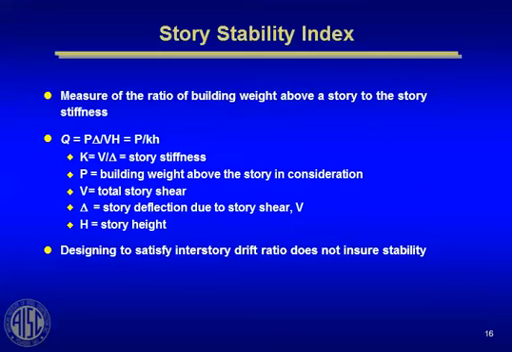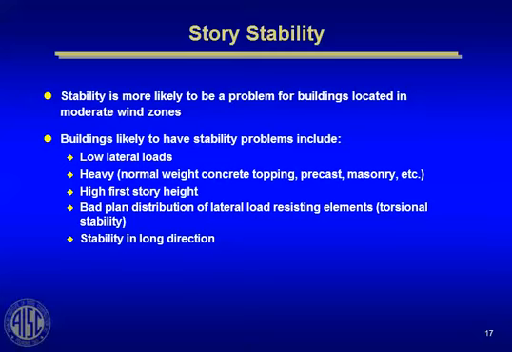Well, buildings that have potential story stability problems include buildings that have very low lateral load requirements, and those might be buildings in a very low wind zone, like an 85-mile-an-hour wind zone, like they have on the West Coast or down in parts of Mexico. Buildings that can have real heavy dead loads, like clay tile partitions and big thick floors and heavy cladding materials.